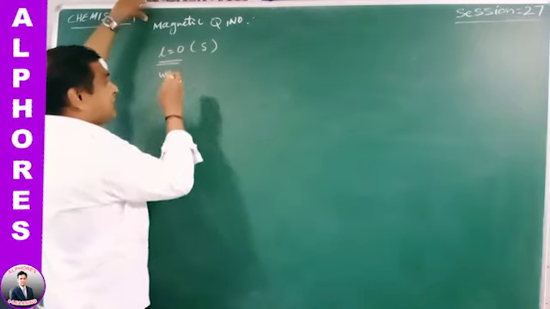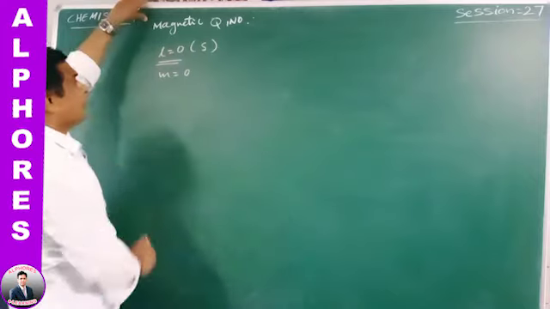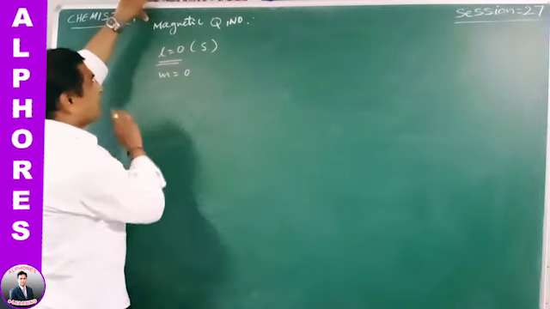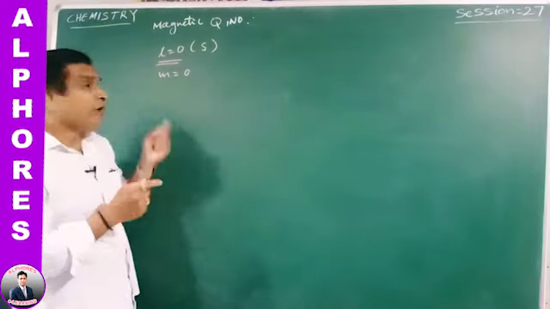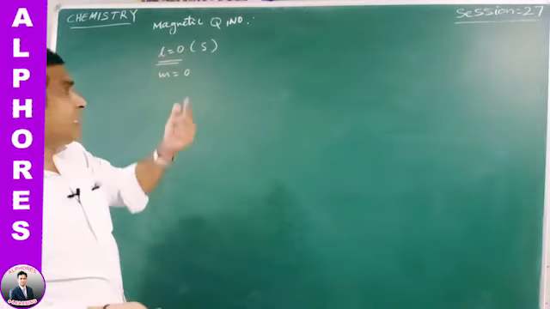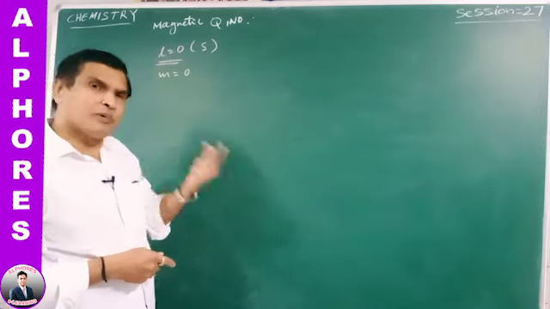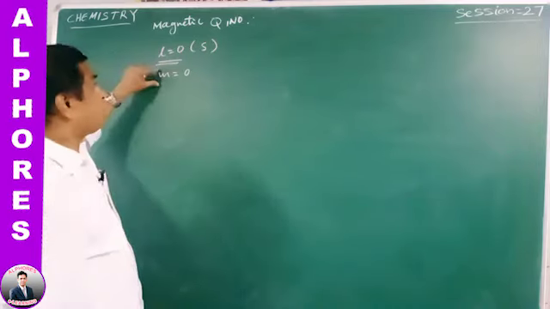M value is 0. Remember that. M values range from minus L to plus L including 0, that means minus 0, 0, plus 0, that means 0 only. So the M value is 0.